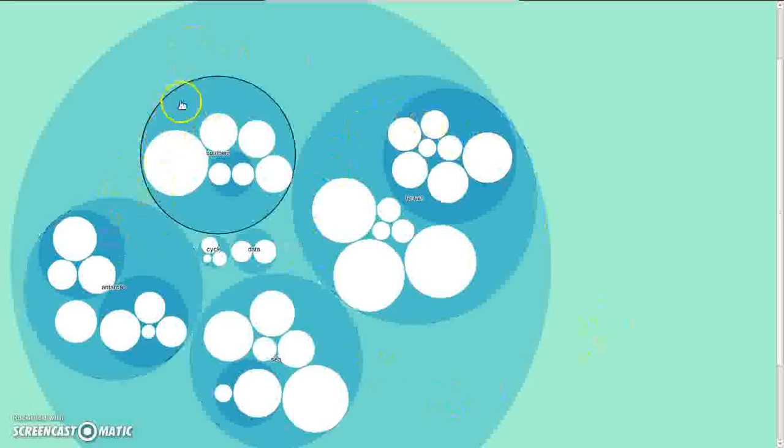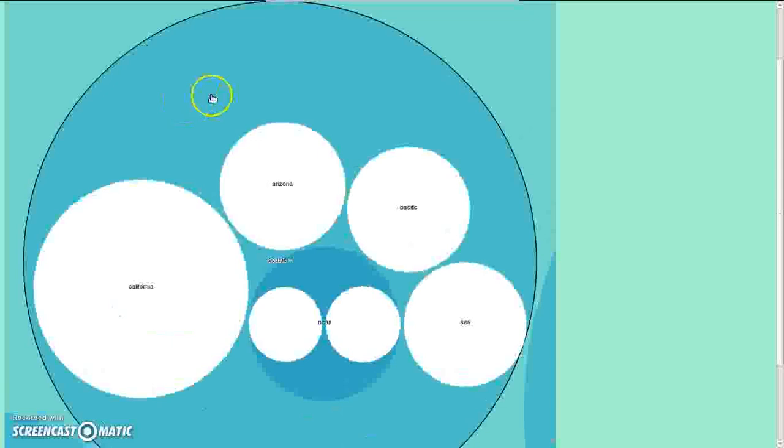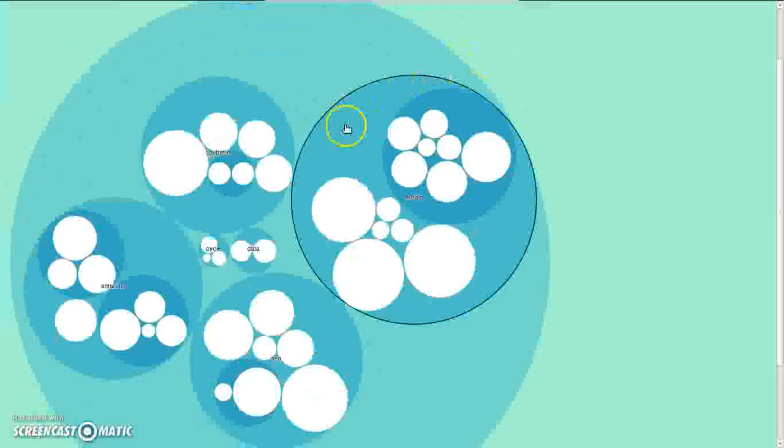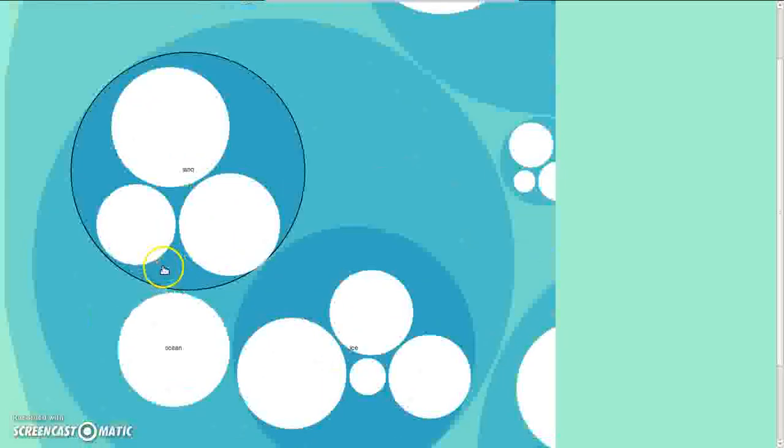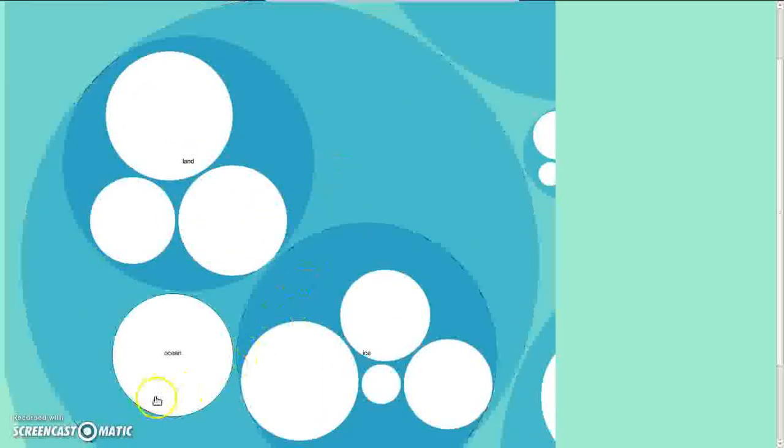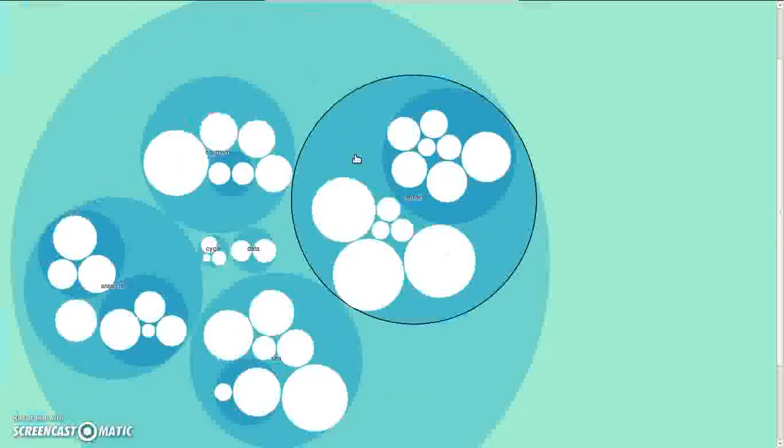If we go into the Southern region, we see that states such as California or Arizona, and words such as Pacific or sea, are very relevant to national security interests. Let's say we go into Antarctic. This shows us that land, ocean, ice, these words are also very relevant to the national security interests. This is again a very nice visualization which is showing a hierarchy.